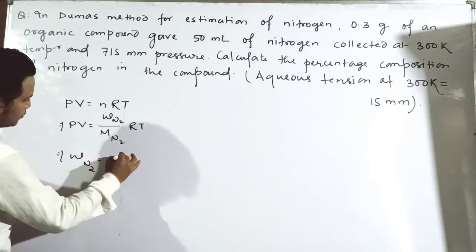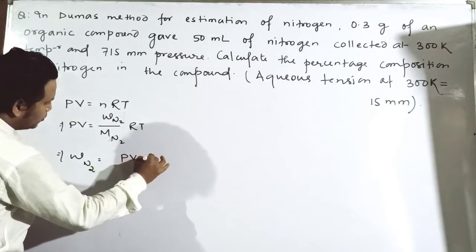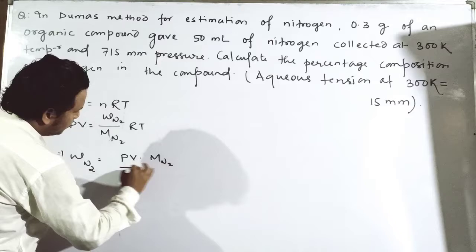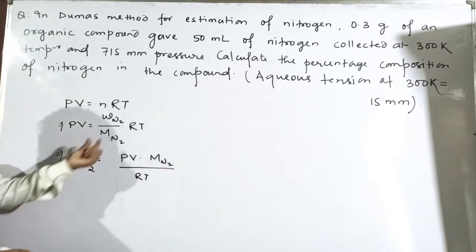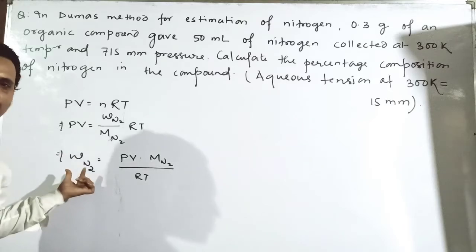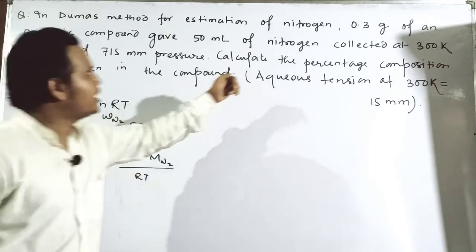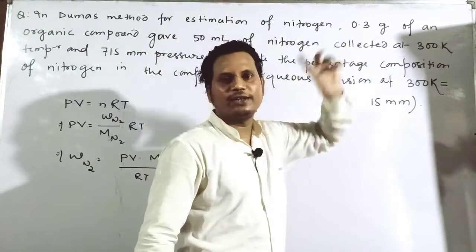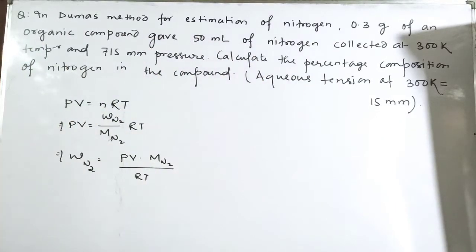So given mass of N2 will be PV into molecular mass of N2 by RT. Now, once we find given mass of N2, divided by total mass into 100, that will give us the percentage composition of nitrogen. Now first find P.